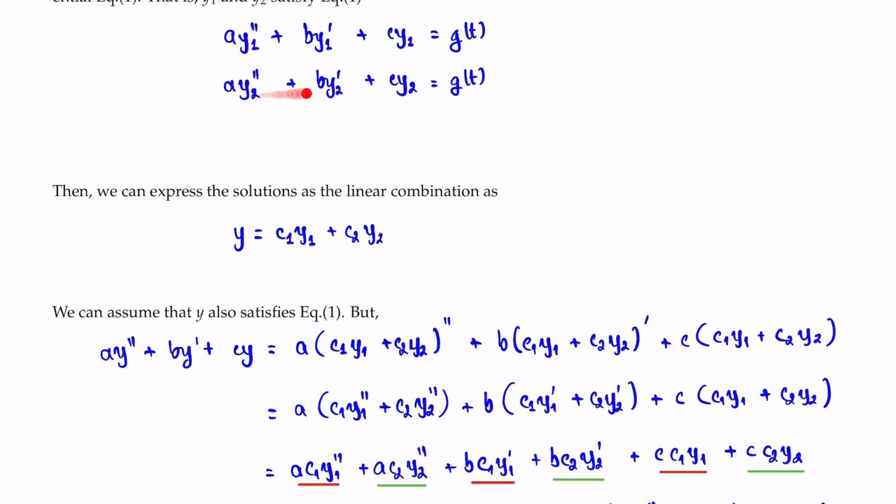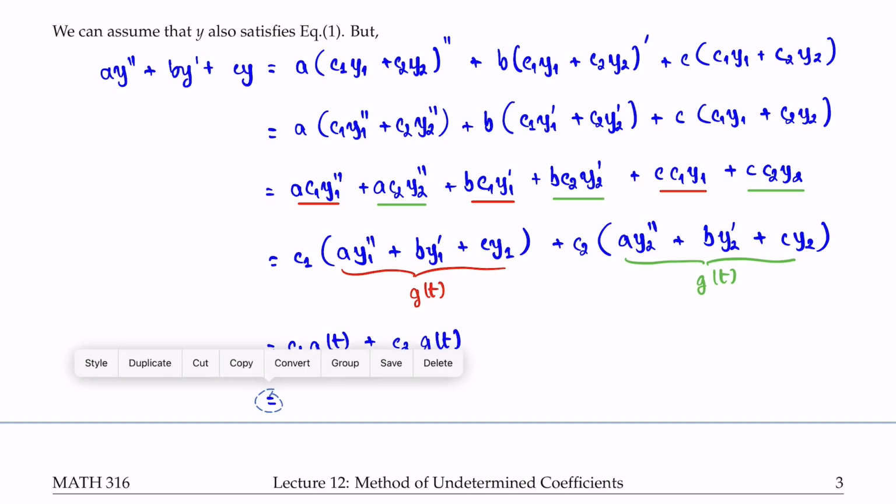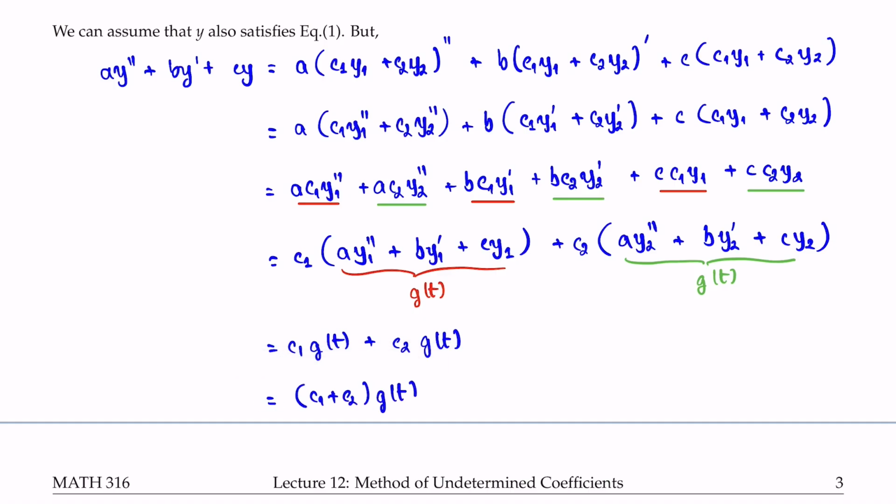And from the second equation, it gives you this part to be g of t. So you have c1 times g of t plus c2 times g of t, and g of t is the common factor in this case, and so you're left with c1 plus c2 times g of t.